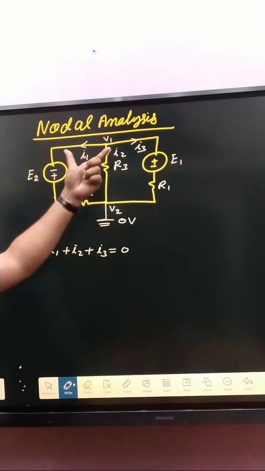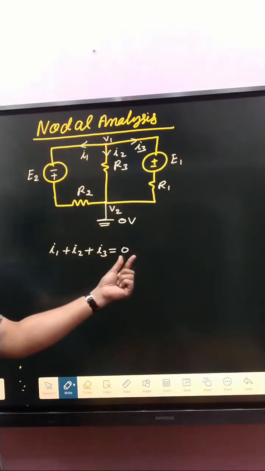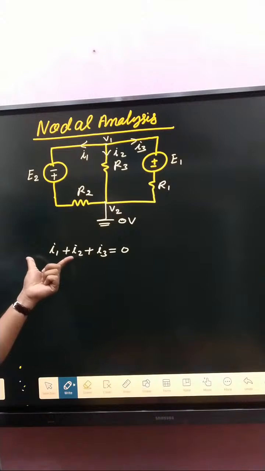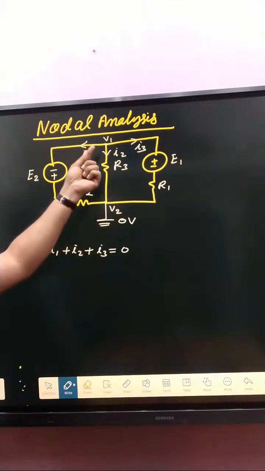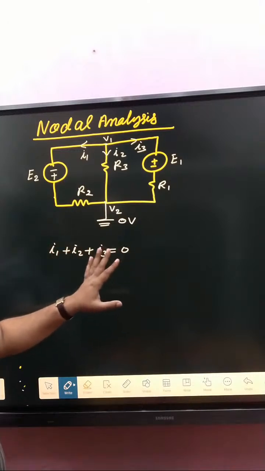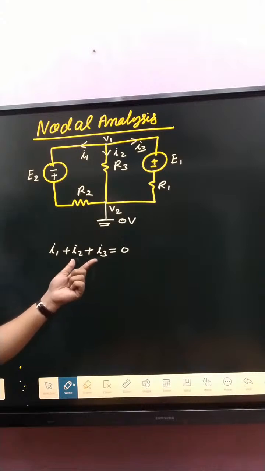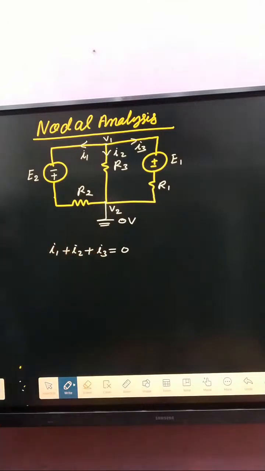At that node there is no incoming current, all currents are outgoing. So I1 plus I2 plus I3 is equal to 0. Incoming current is 0, equal to the sum of outgoing current. The sum of outgoing current equals the sum of incoming current. That is called KCL. So I1 plus I2 plus I3 is equal to 0.